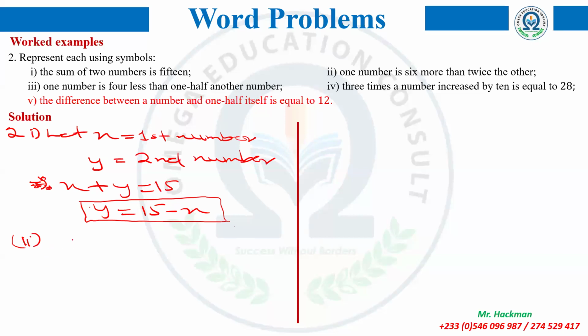Yes, please. Again, write: let x be equal to what? The first number. Okay, so now if that's the case, let's look at the relationship. It says one number is 6 more than twice the other number. So we are going to let y be equal to the other number.